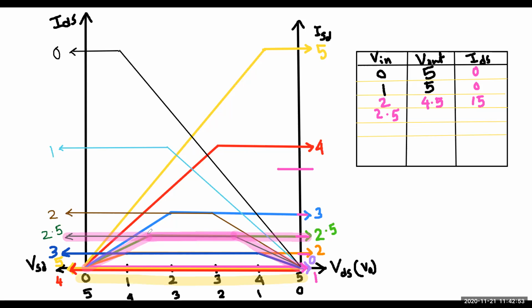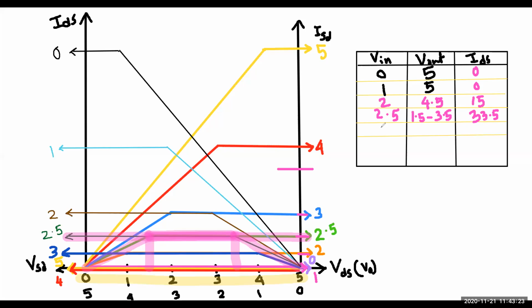They actually intersect in two places, here and here. So one is 1.5, another one is 3.5. What is the current? 33.5.